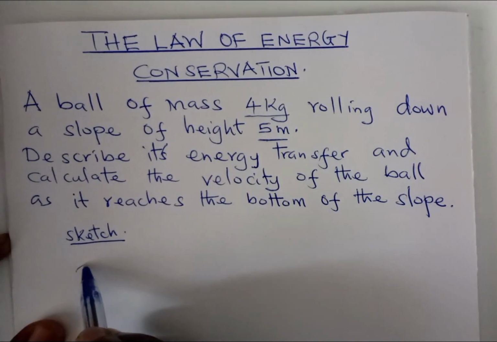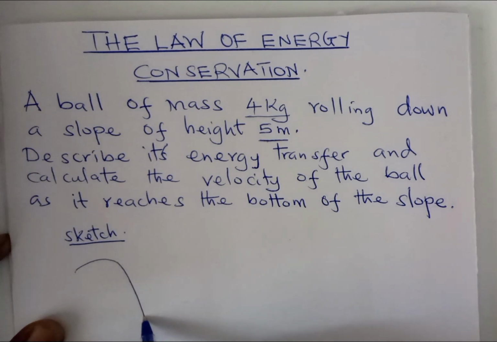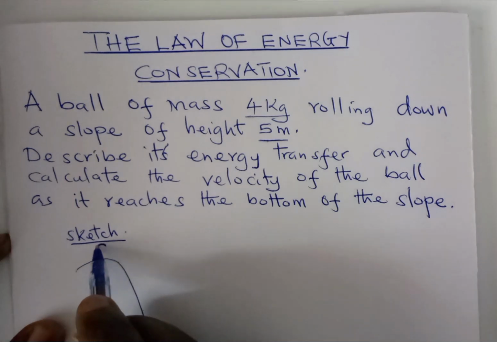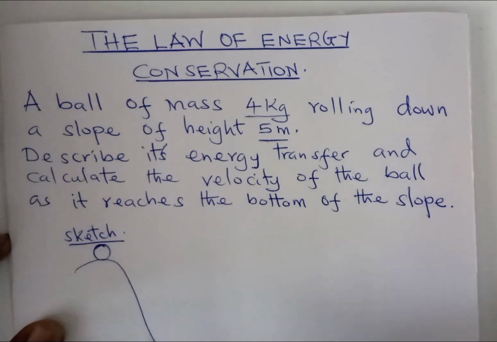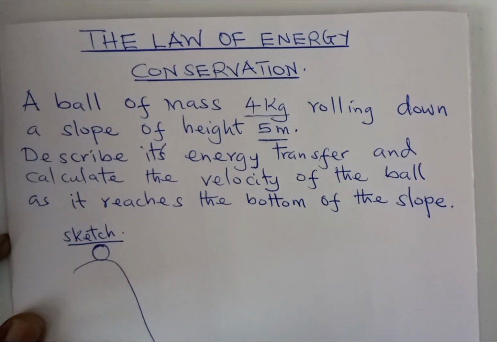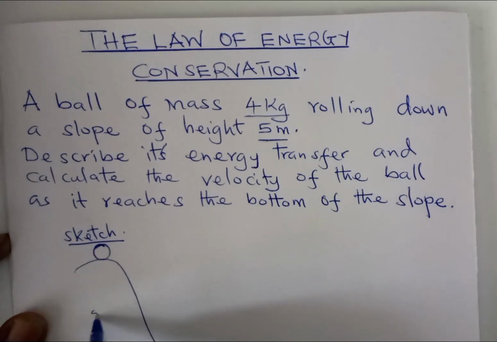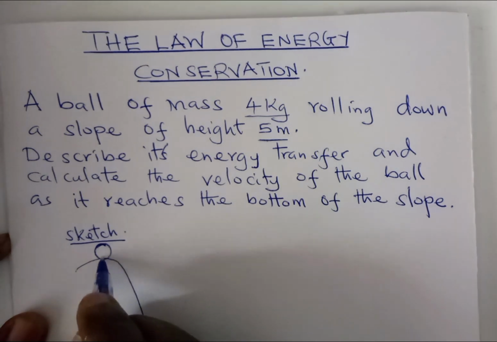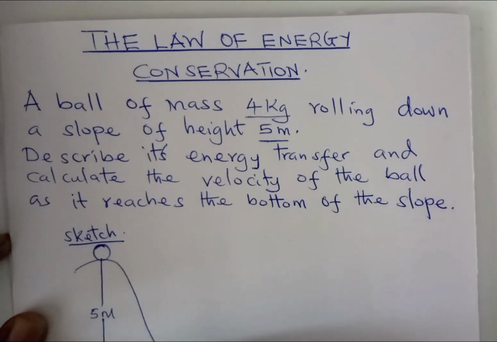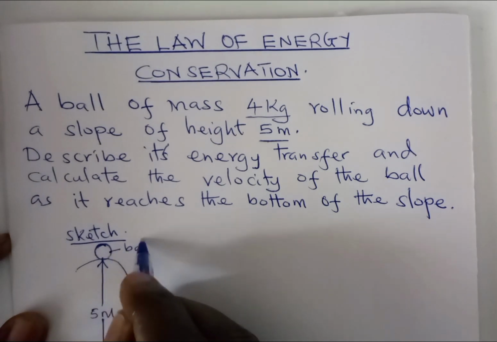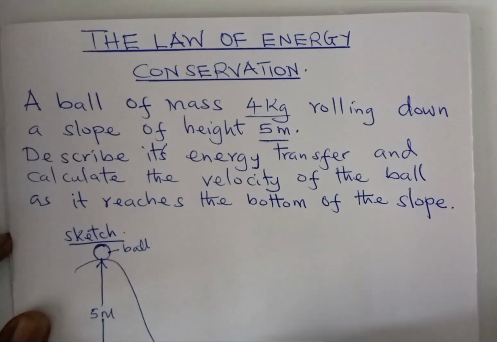So let's have a slope. The ball is here at the top of the slope, and it's at a height of 5 meters. So here is the ball, 5 meters from the ground.